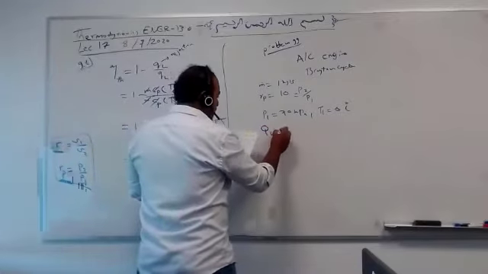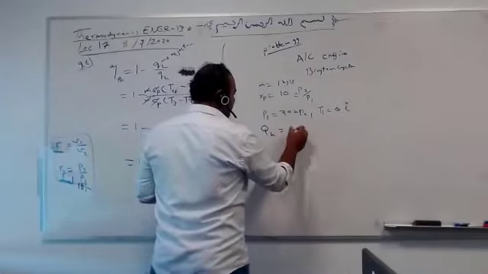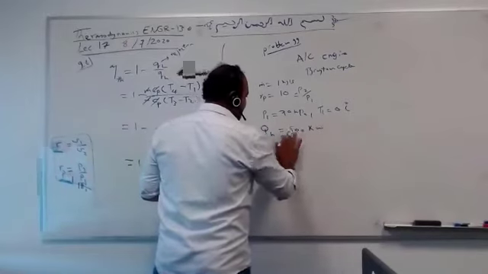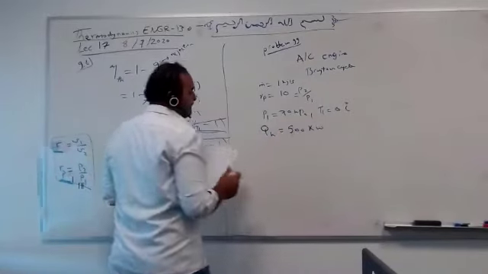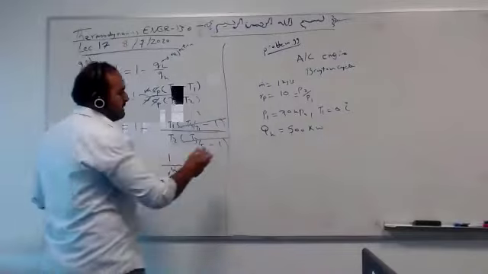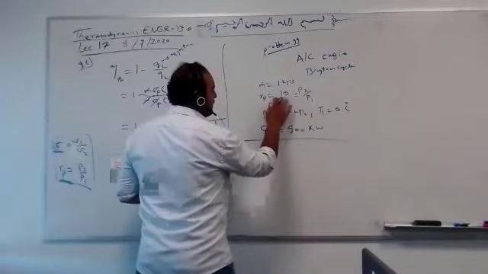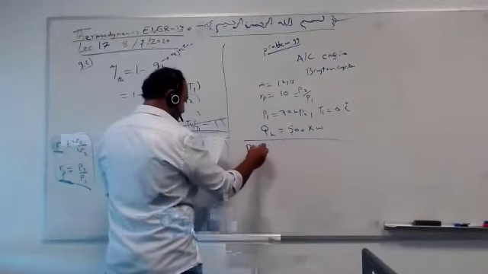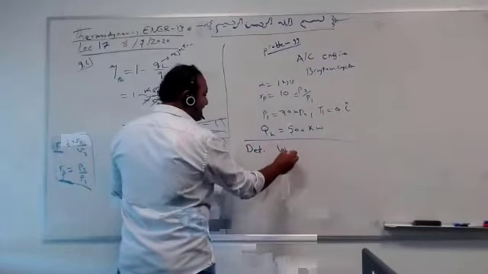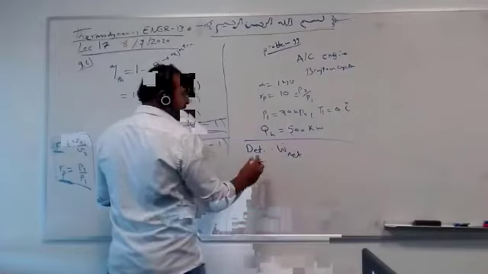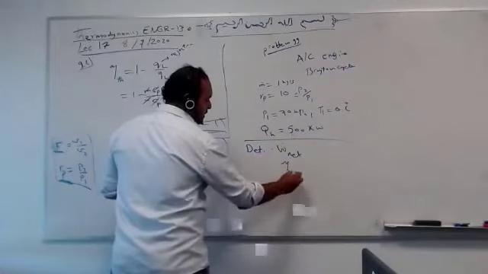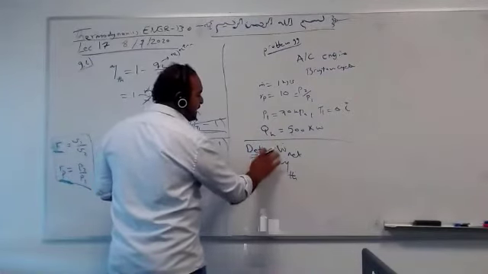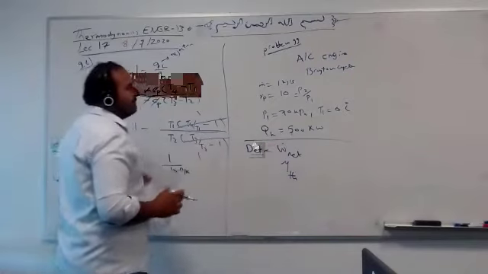Q high was 500 kilowatt. This is state 5. If you see here, we have 1, 2, 3, 4. I can get everything. He wants to determine W net. He can ask for the eta thermal. He can ask for anything, efficiency or output, for this Brayton cycle.